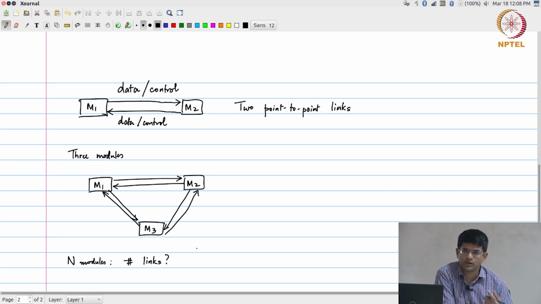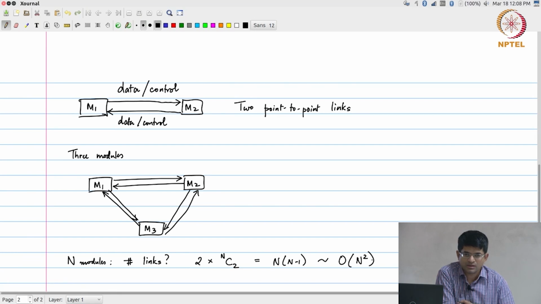In fact, there will be 2 links, one in each direction, so 2 into nC2, which is equal to n into n minus 1, basically order of n squared point to point links will be required in order to establish full connection between every pair of nodes in the system.